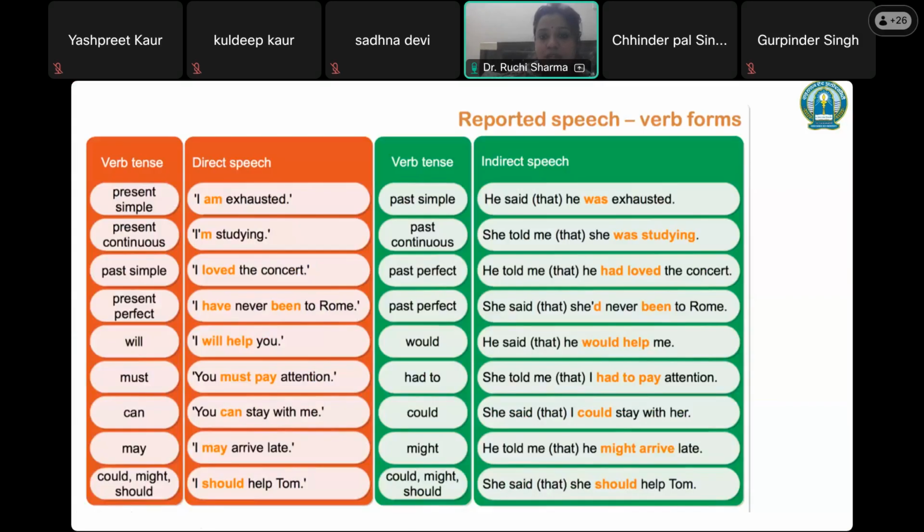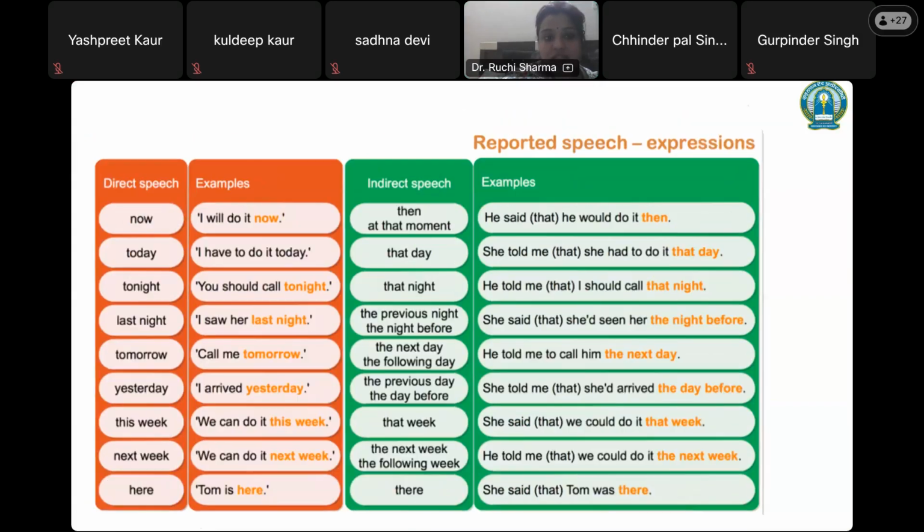The verbs that are marked very clearly: am, loved, have been, will help, must pay, can, may, should, and how they are getting converted. Once you remember and practice through these, you will have so many examples already. See, again, now, then, today, that day, all these examples are laid out primarily so that you could understand the concept.